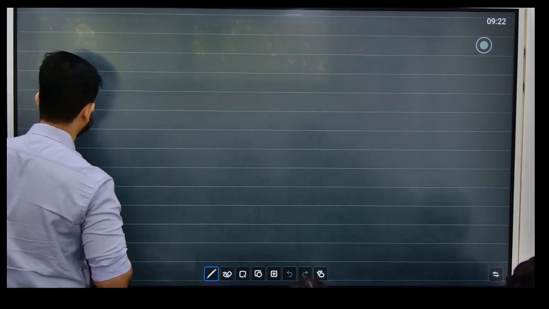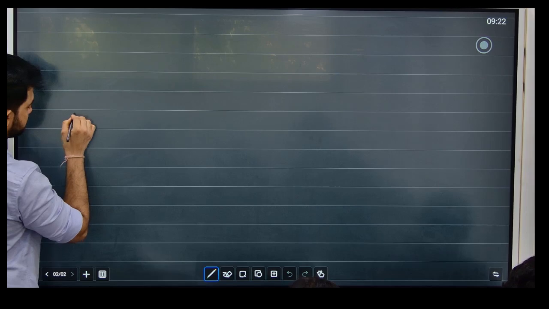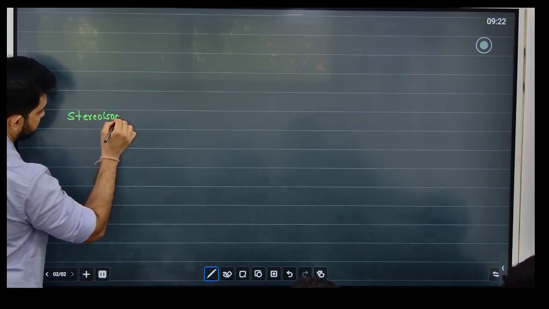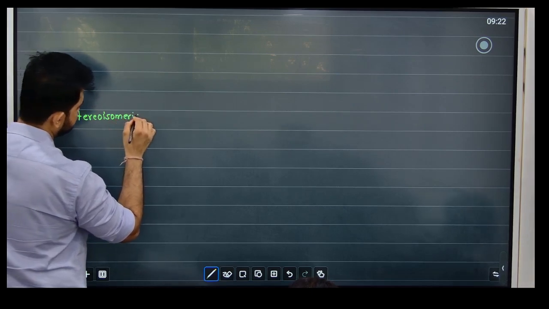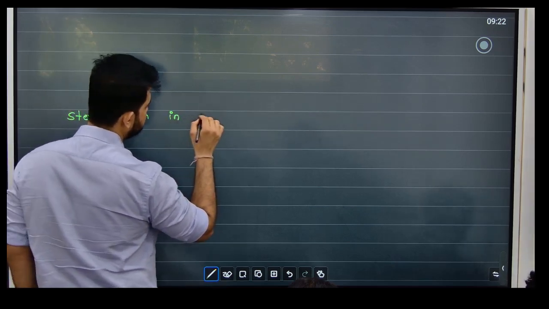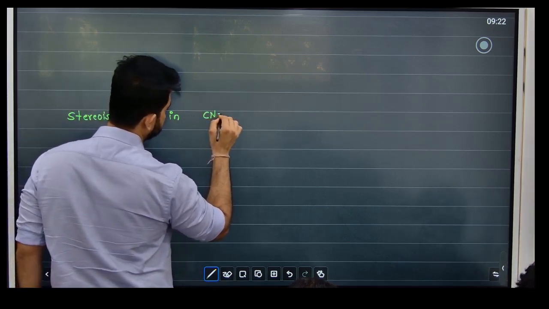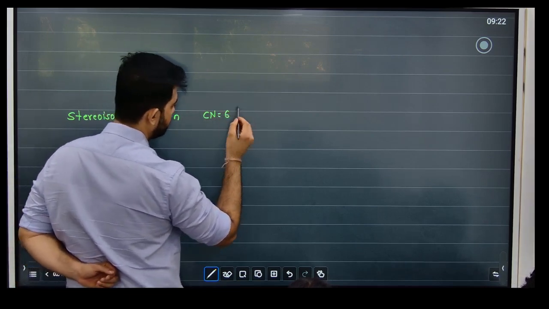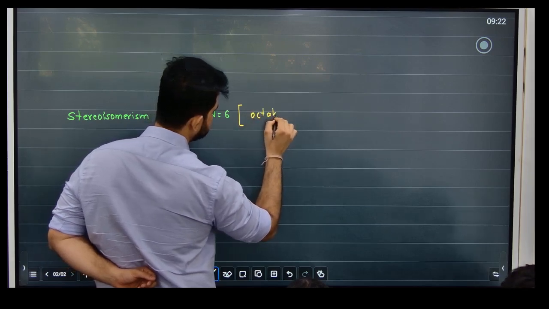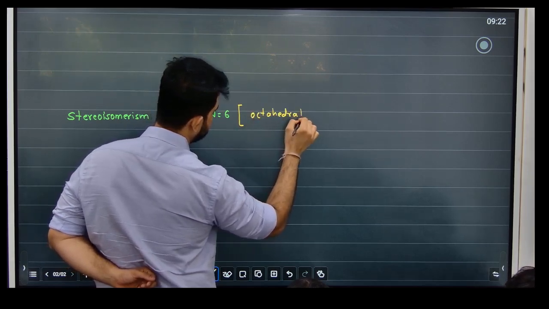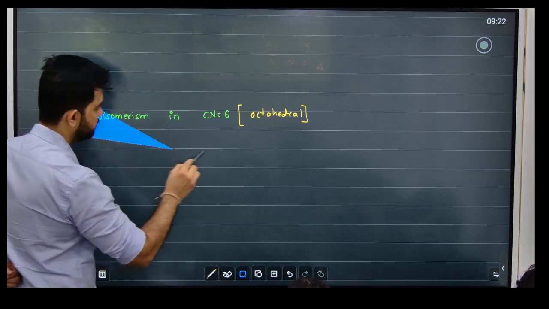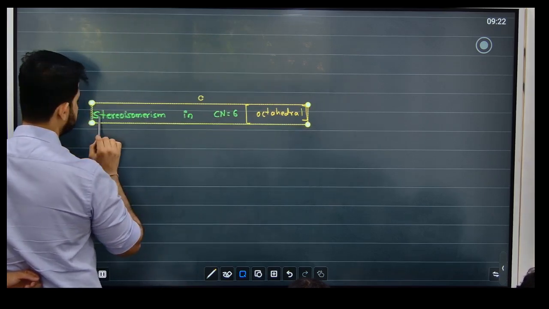So this is stereoisomerism in coordination number 6. Coordination number 6 means what, people? Which complexes? Octahedral complexes.